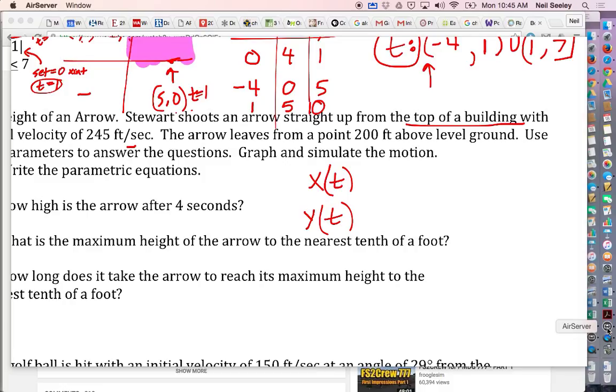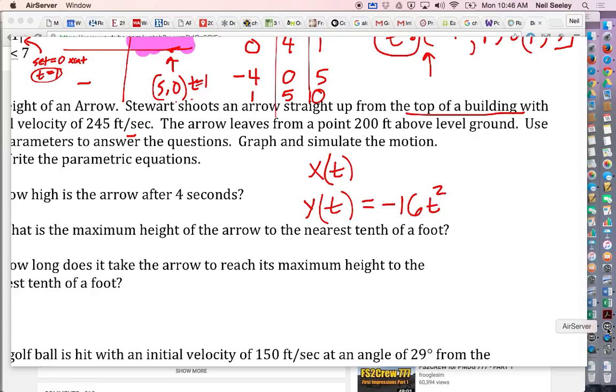Now, the y component has this little thing called negative 16 t squared. If you've done a little bit of physics, negative 16 has a magical property. And then plus, there's the sine thing.